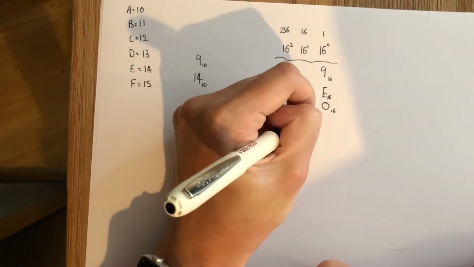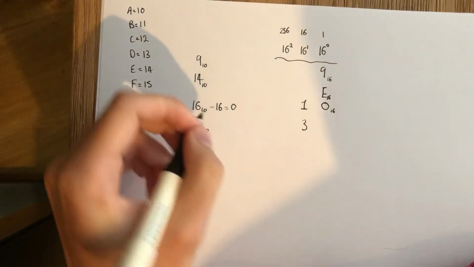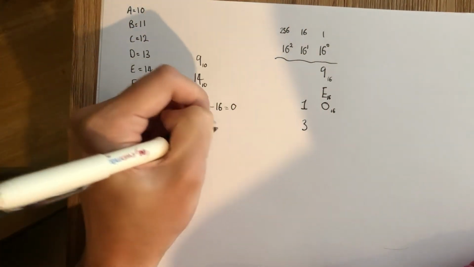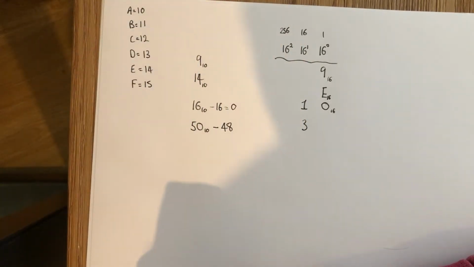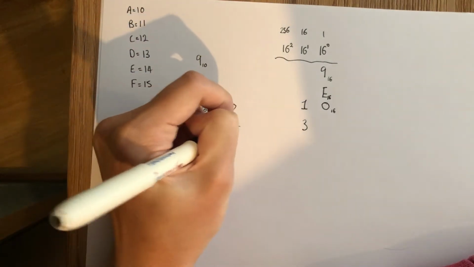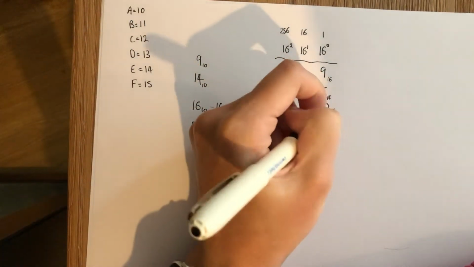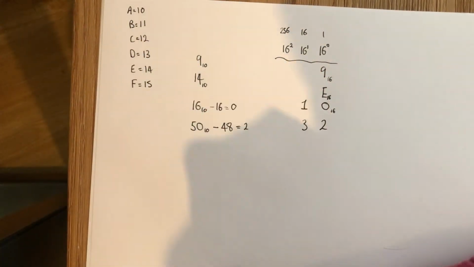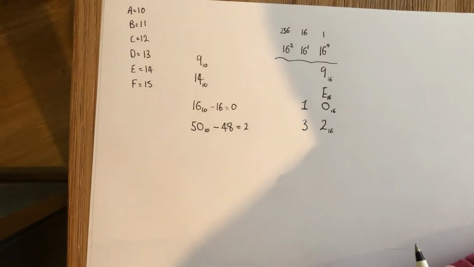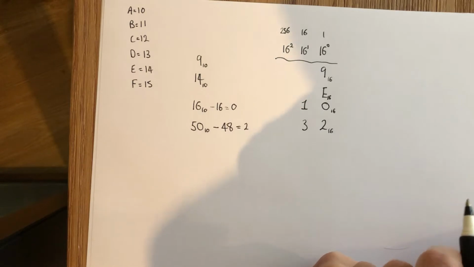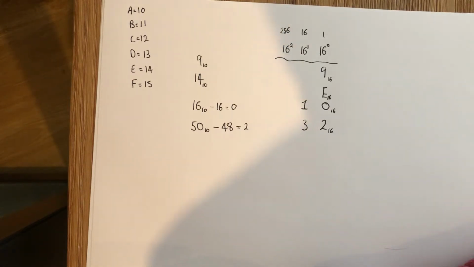That gives us 16 times 3, which we can do in our head as 48. We deduct that from our original number to calculate the remainder. The remainder is 2. And so we pop that in our last place value. There we have it. 50 in decimal is equivalent to 32 in hexadecimal.